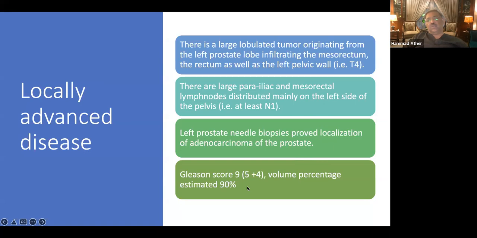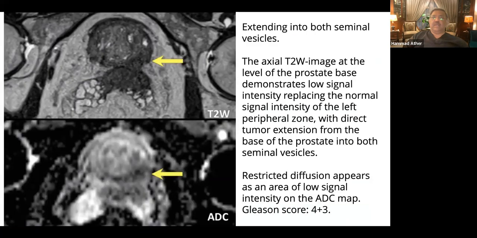The biopsy showed an ISUP 4 lesion with 5+4 Gleason score, and about 90% of the tumor was involved. Now, Dr. Basit is going to explain another important characteristic that we need to see as a surgeon, and that is about the seminal vesicle invasion. So, Basit, over to you.